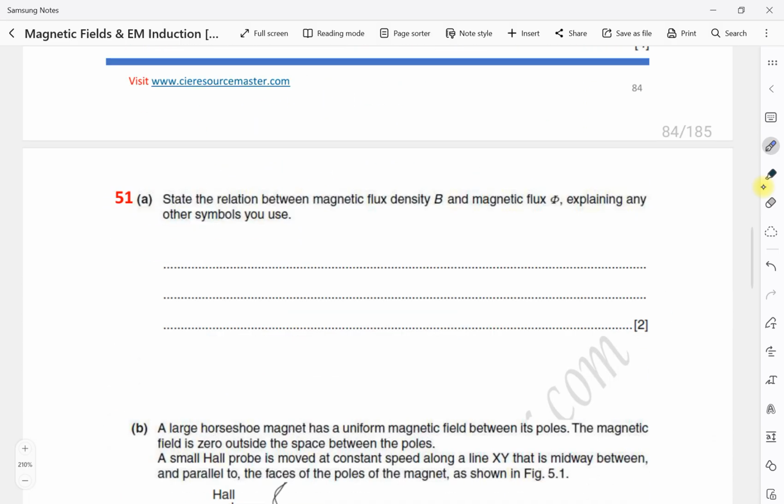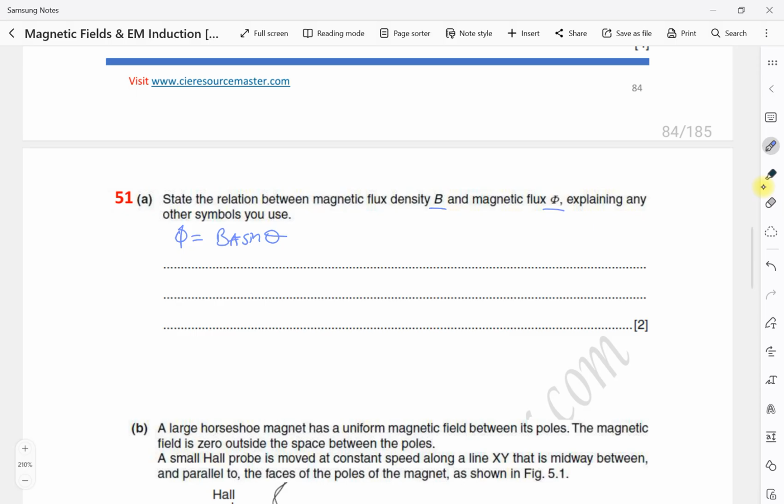State the relation between the magnetic flux density B and magnetic flux phi, explaining any other symbols you use. So magnetic flux, you know that phi equals BA sin theta. B has been defined, phi has been defined. It's only A which has not been defined.